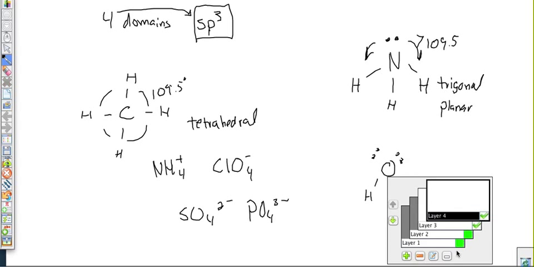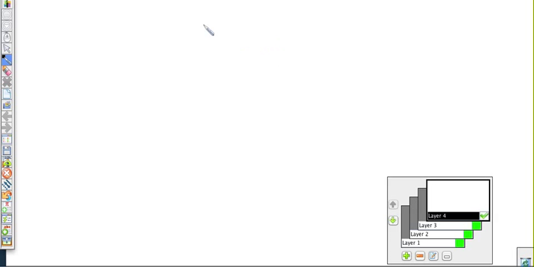All right, so let's go ahead and just keep going, because we have a couple more situations. Actually, beyond sp3, there's question as to whether or not the hybridization occurs, but anyways, we'll just learn it just because it's important for you guys to have a knowledge of it. But let's say it has 5 domains.